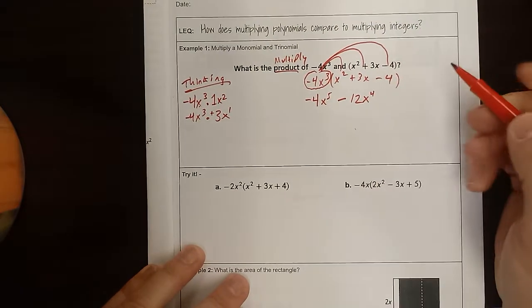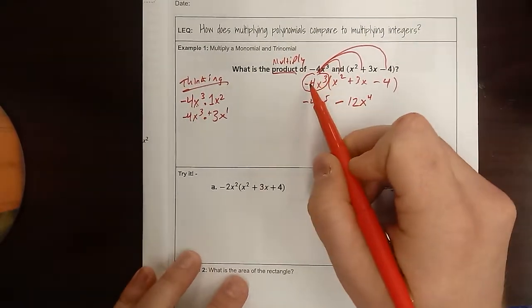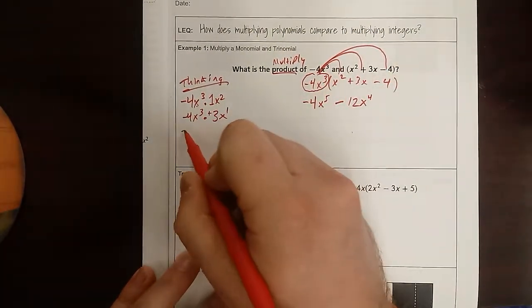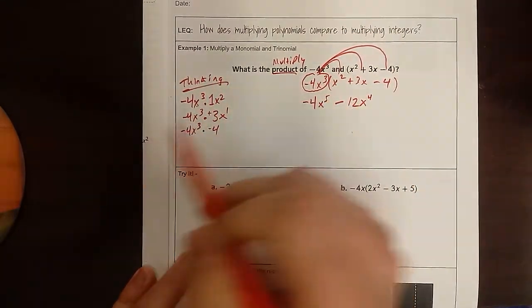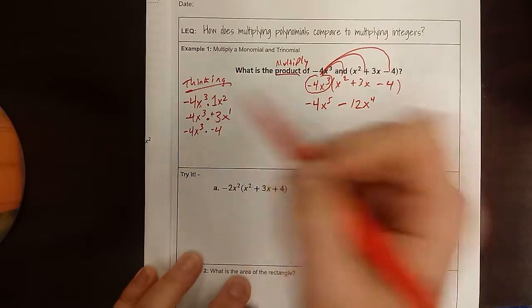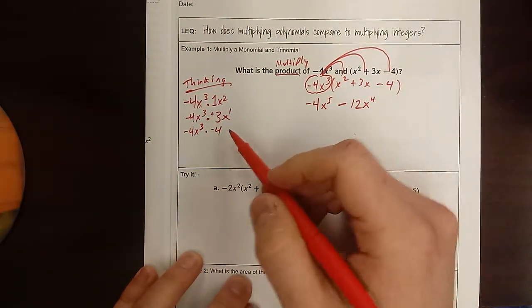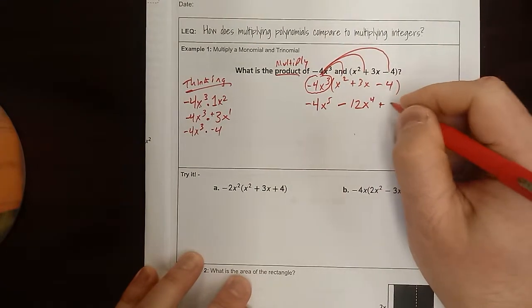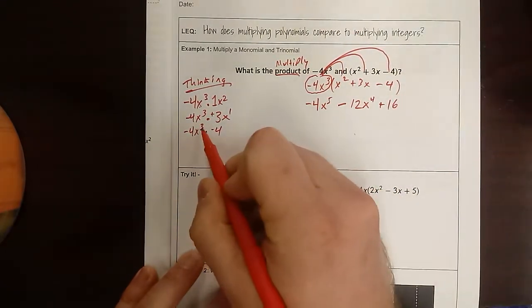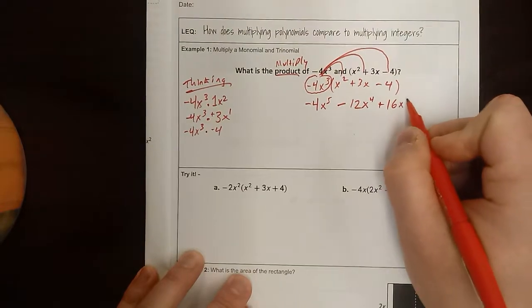X to the 4. Lastly, we'll do negative 4x cubed times negative 4. If it does help to write these down, you can, but it's a lot of extra work that you don't need to show. Negative 4 times negative 4 is a positive. So plus 16. X cubed, there's no x's here.